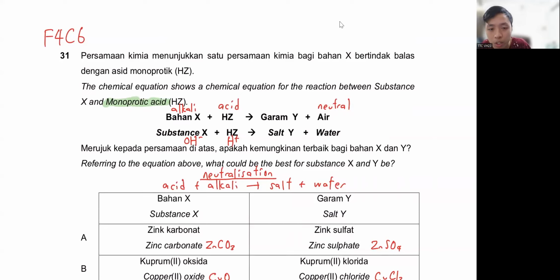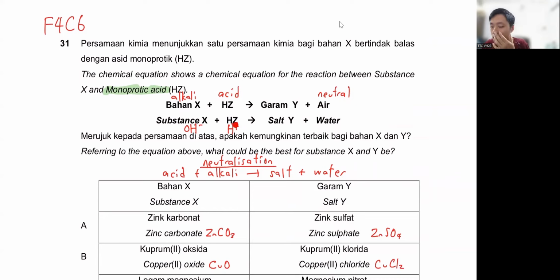Question 31 is from Chapter 6. This one is a monoprotic acid. Monoprotic acid basically produces only one H+ at a time, and substance X reacts to become salt and water. The moment you see water, it means neutral. So what happens is acid plus alkali. That's why it becomes neutral and a salt comes out. So this is H+ and OH-.